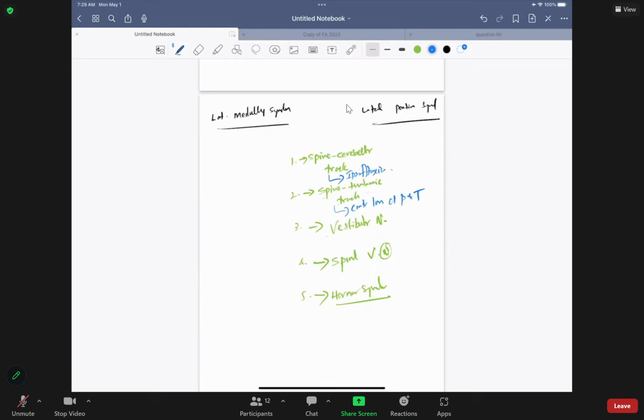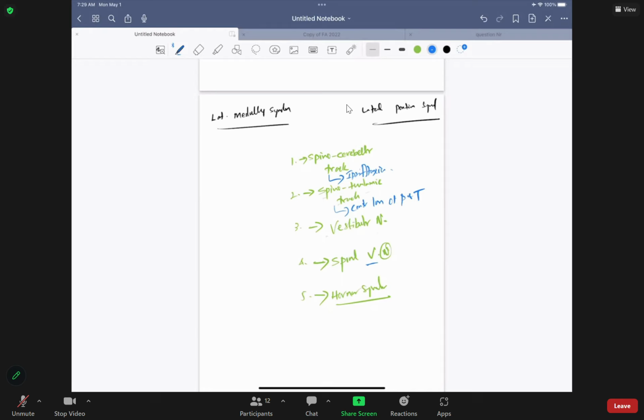Now, you wonder, we have the spinothalamic tract to carry the pain and temperature of the body below the neck. How about the face? Who carries the pain and temperature? It's the trigeminal nerve, isn't it, folks? That's what the spinal V stands for. V means 5. That's the trigeminal nucleus, right?